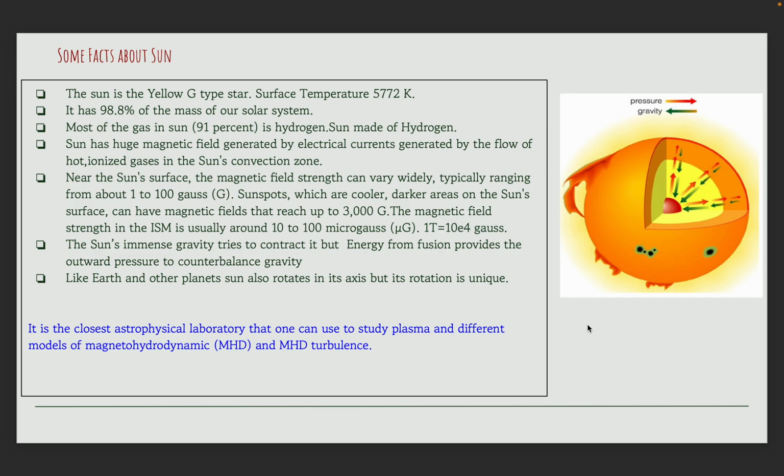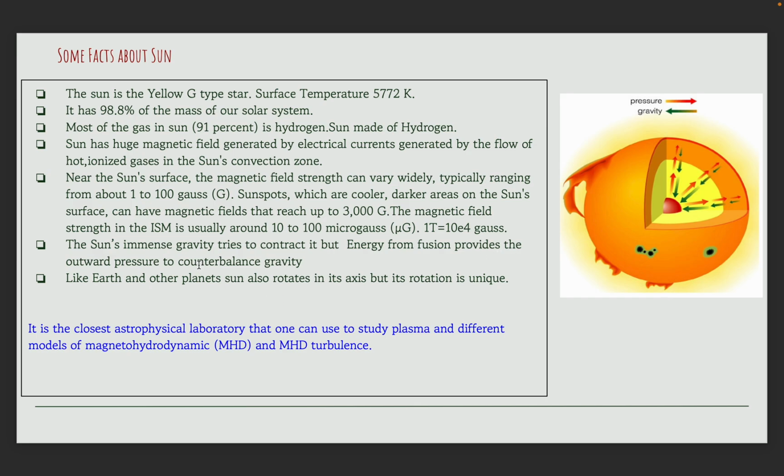As the Sun is a ball made of hydrogen, it has two kinds of force. One is gravity, which pulls the matter of the Sun toward the central region, and another is the internal pressure, which holds the Sun as an object.